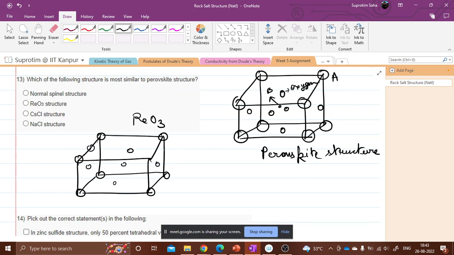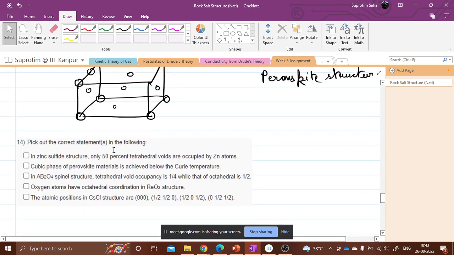So basically, the ReO3 structure, which is the perovskite structure, you just put the A's out of the equation, and you get the ReO3 structure. Just the edges of it, right? So basically, the ReO3 structure is closest to the perovskite structure. So the next question is, pick out the correct statements in the following. The first option is, in zinc sulfide structure, only 50% of tetrahedral voids are occupied by Zn atoms, right? So this is correct.